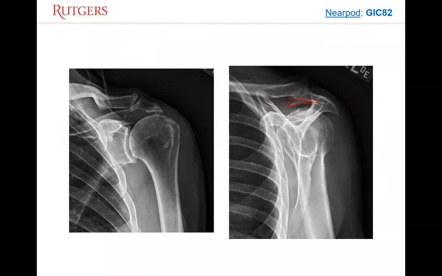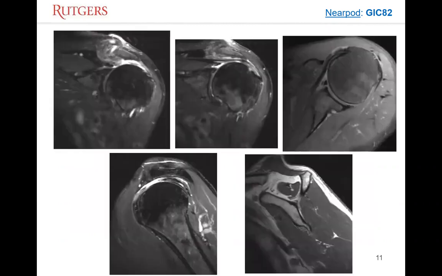But he has superior migration of the humeral head with acetabularization of the acromion, as well as substantial AC joint arthritis. These are some representative cuts from his MRI showing a full thickness, large retracted tear of the supraspinatus with the remainder intact and no fatty infiltration.